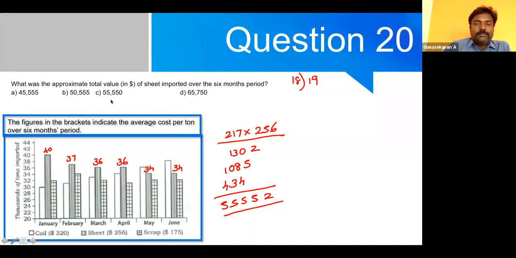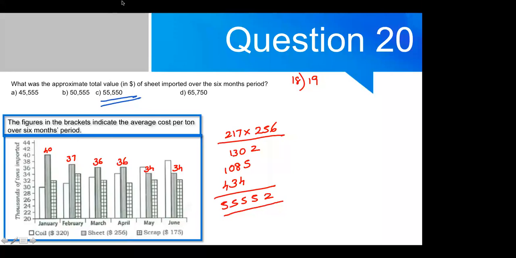Approximately, what is the value? 55550. Because each sheet costs $250, $256.